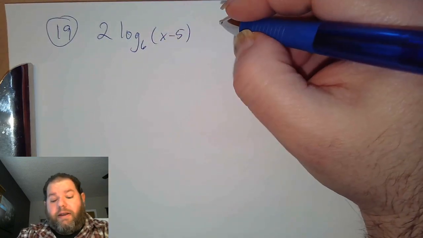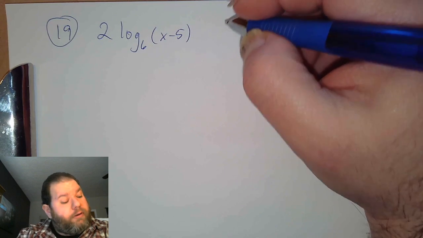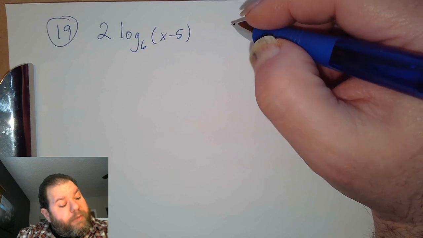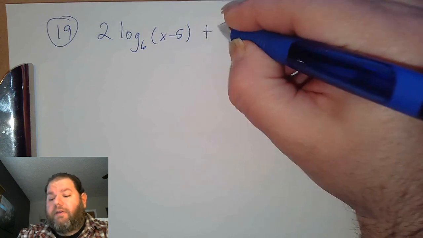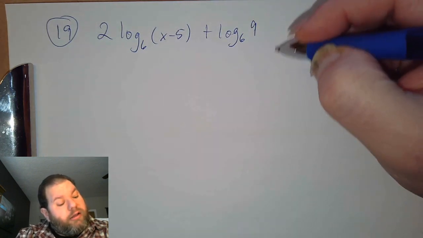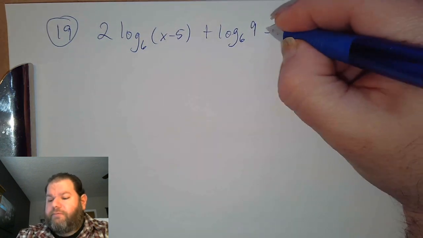And honestly, that happens a lot with logarithms. We just have to be careful. Plus log base 6 of 9 equals 2.